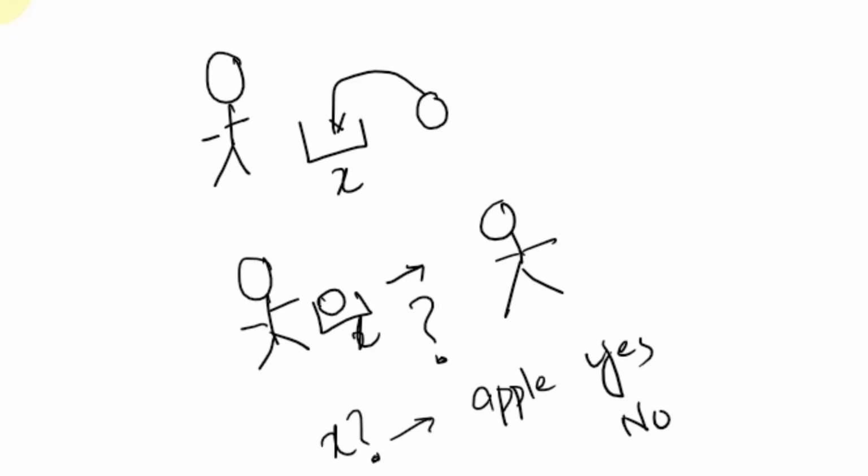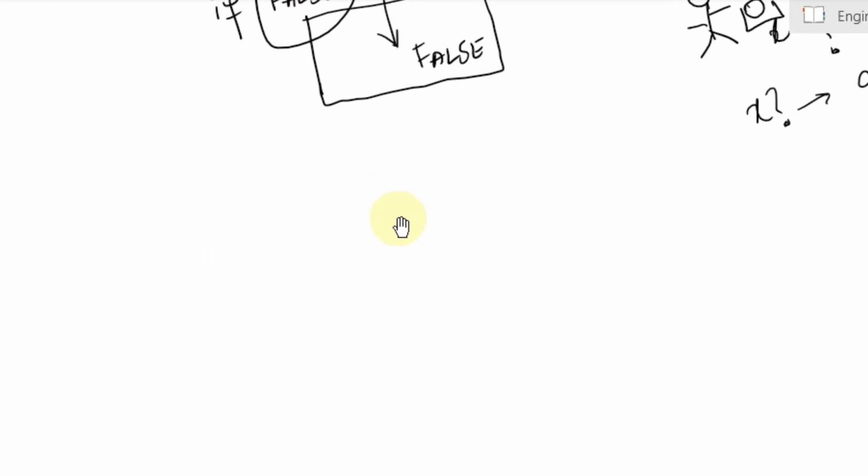How can I write it in terms of the programming language? As we are going from the plain statements into the programming statements, let me write them in terms of the programming statements. Initially I have a data type which is X, and X has to collect something as an input.